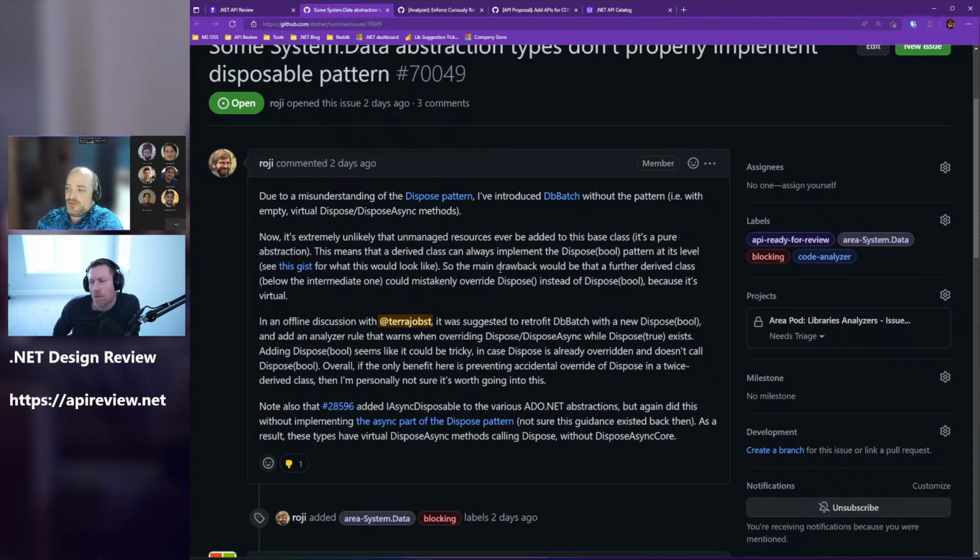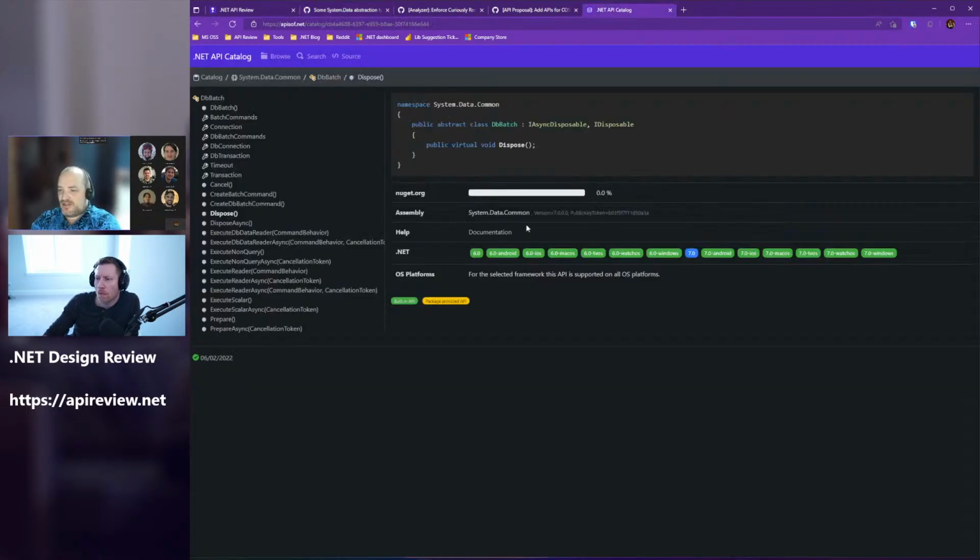assuming that the virtual dispose has shipped and we can't fix it, it does seem like adding an analyzer that says if you have both, then prefer overriding the one that says bool, is good. There, of course, will always be the complexity that you're multi-targeted, and it's like, so fine, I guess #if NET 7 or greater, use this signature for dispose, else use this signature for the dispose that I'm overriding.